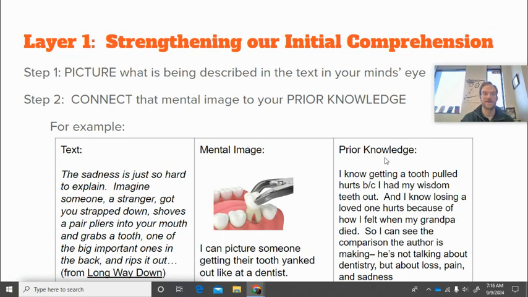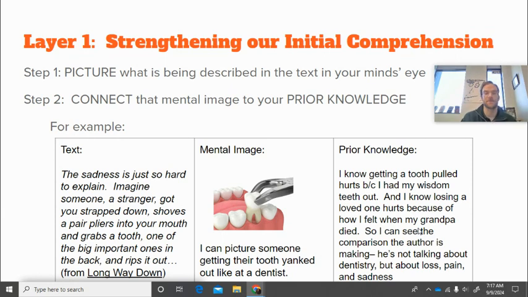And then I used to connect that to some prior knowledge. I know getting a tooth pulled hurts because I had my wisdom teeth out. I knew it was painful. And Will's also talking about losing a loved one. His brother just died. And I know that hurts too because of how I felt when my grandpa died. And so I can put this together, my mental image and my prior knowledge. I can use it to understand that even though the passage is about getting a tooth yanked out, that's not really what he's talking about.